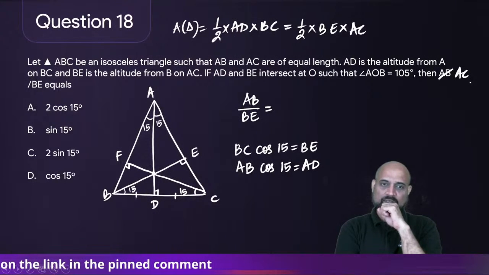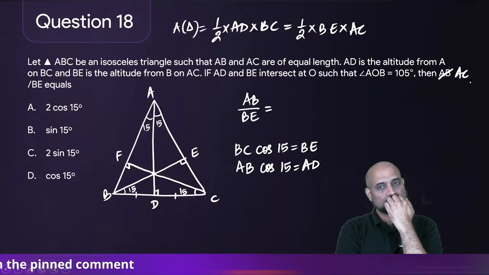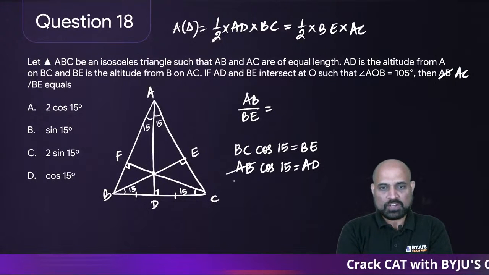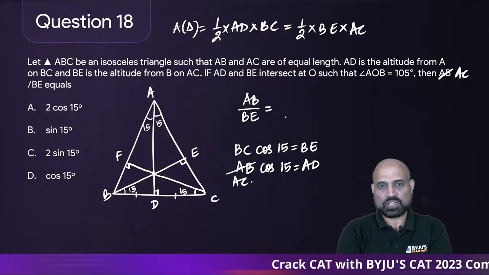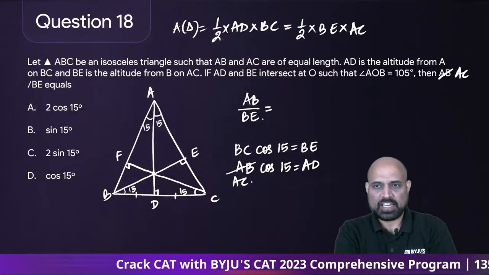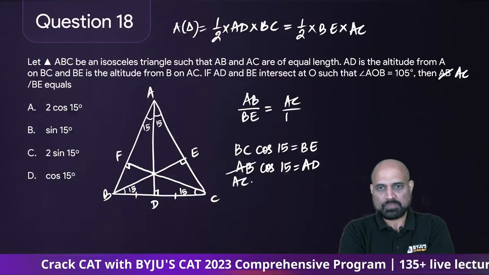So instead of AB we can also write AC. So can we say AB by BE है ना, उसको मैं AC by BE कर देता हूँ.